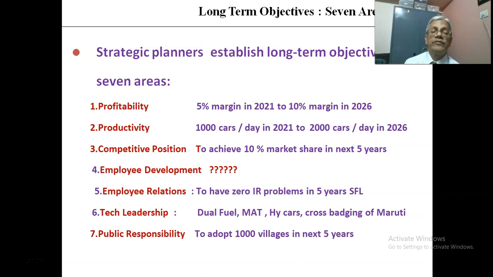Then you can think about technological leadership as one of your long-term objectives, like what Maruti is doing. When LPG was decontrolled, Maruti immediately brought in the dual fuel car with LPG. Similarly, Maruti wanted to address the pain points of the urban driver, so they introduced a manual automatic transmission kit.